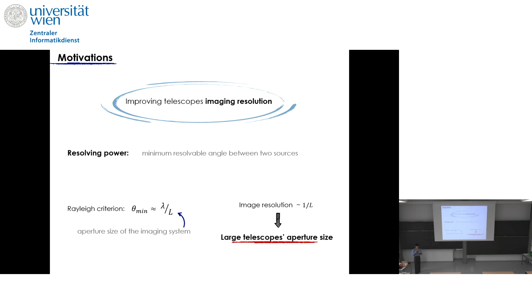So the larger the aperture size of your system, the smaller this angle, the better you can distinguish two point sources as two distinct objects. And this means that your image resolution goes like 1/L, and at the end you will get better images if the aperture size of your imaging apparatus is larger.